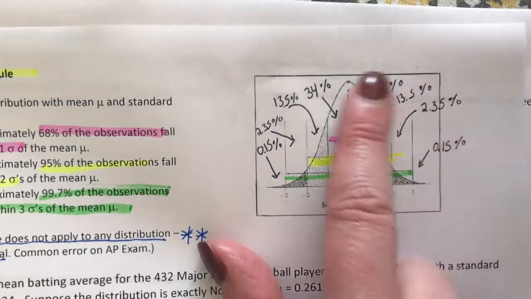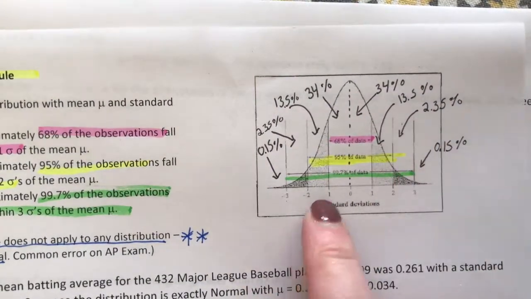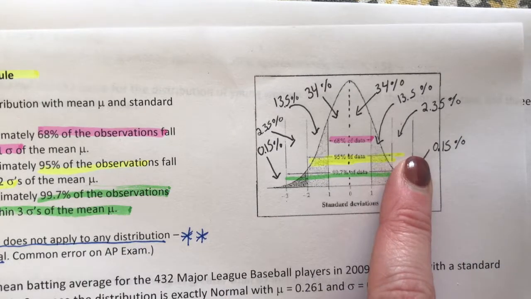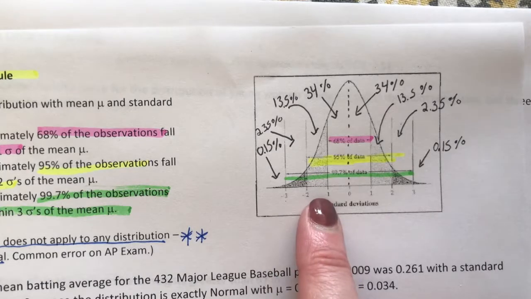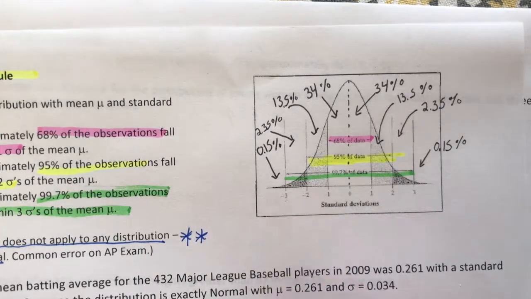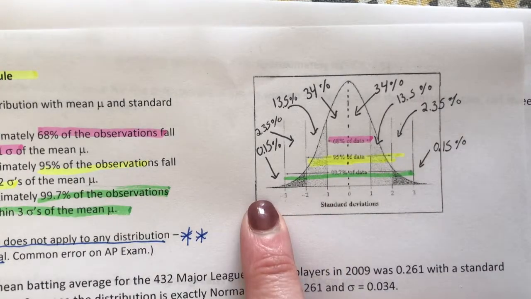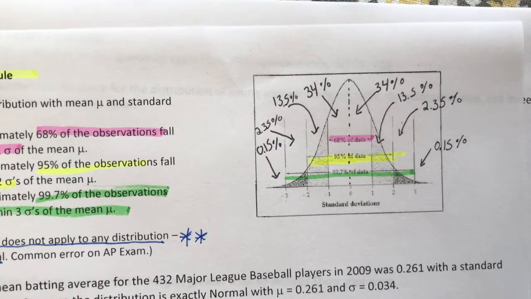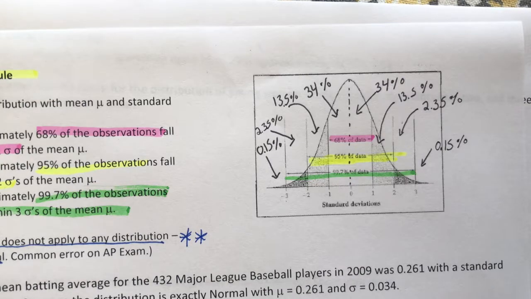So to add to 99.7%, that means between 2 and 3 above, we would have 2.35% fall between 2 and 3, and 2.35% fall between 2 and 3 below, leaving 0.15% to fall below 3 standard deviations and 0.15% to fall above. So again, you might want to fill that in just to have that for reference. But you want to know 68% fall within 1, approximately 95% fall within 2, and approximately 99.7% fall within 3.